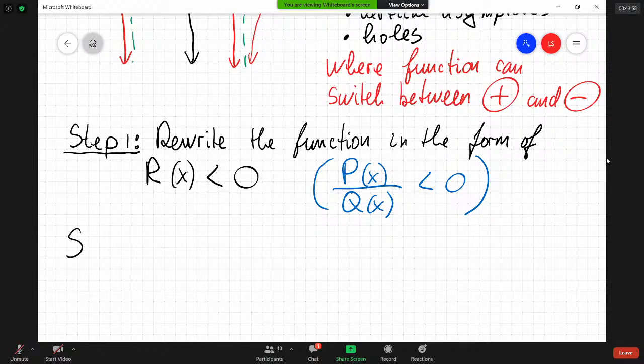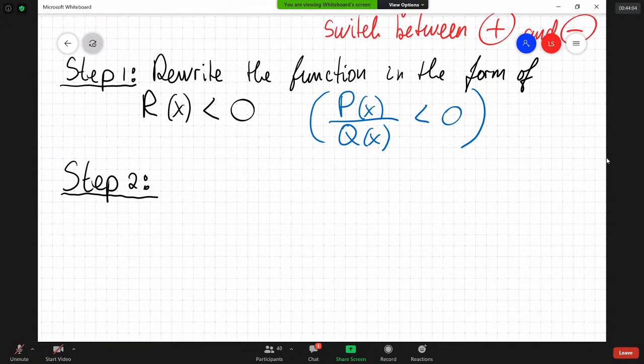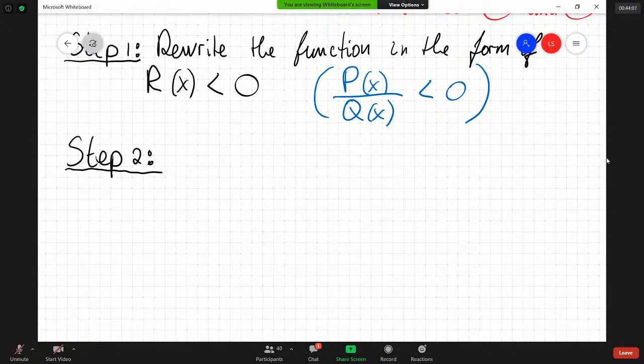Step 2, here we will actually break it up into two parts as well. Previously, we would just say find x-intercepts.